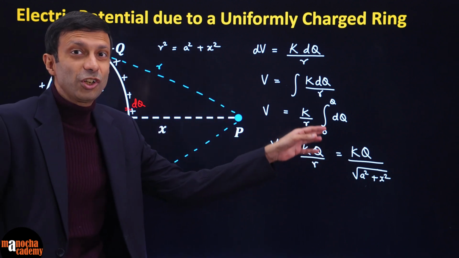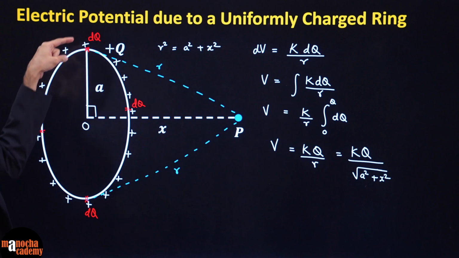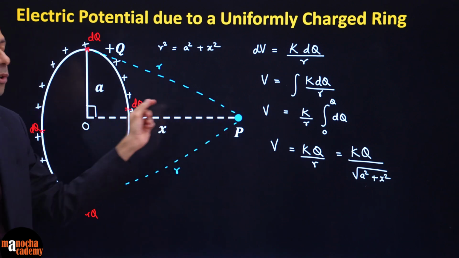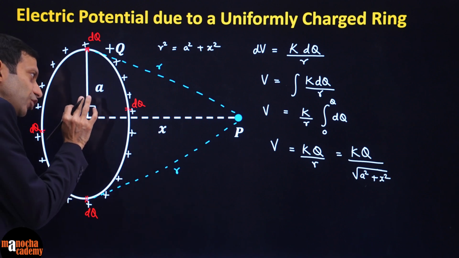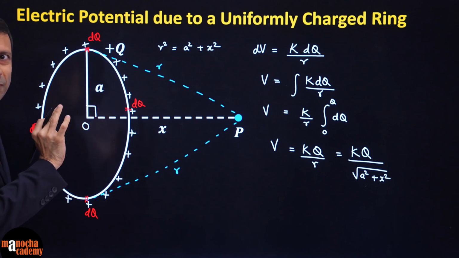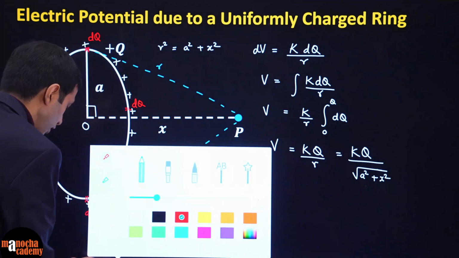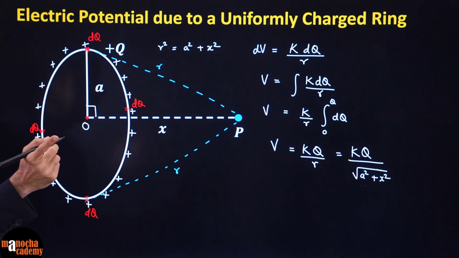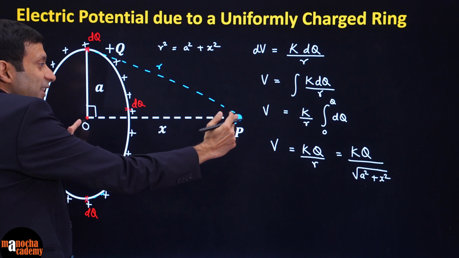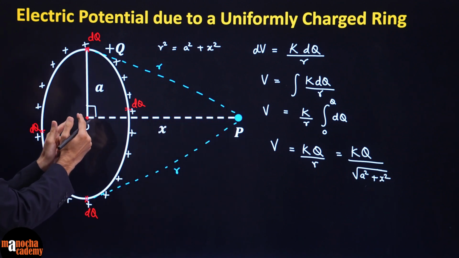So electric potential due to a uniformly charged ring of radius a at a distance x from the center. Now if I ask you, what is the electric potential at the center point, right? What will be the electric potential right at the center of the ring? Very simple, because for that what will you say? X is equal to 0. You've come right to the center.